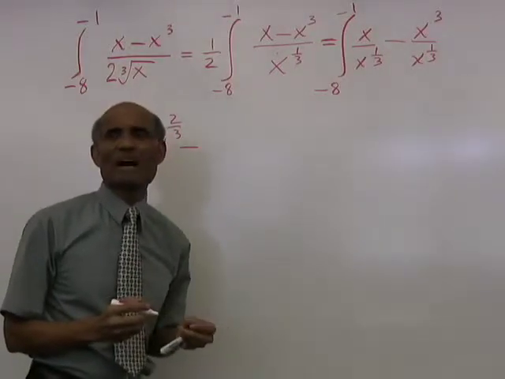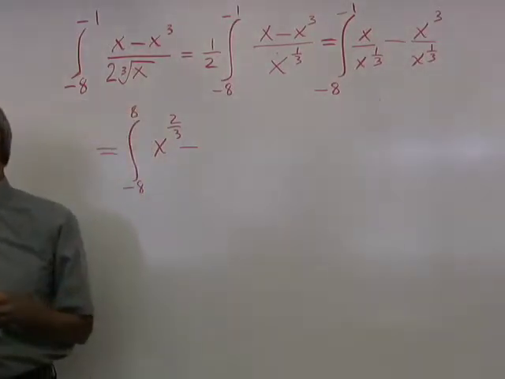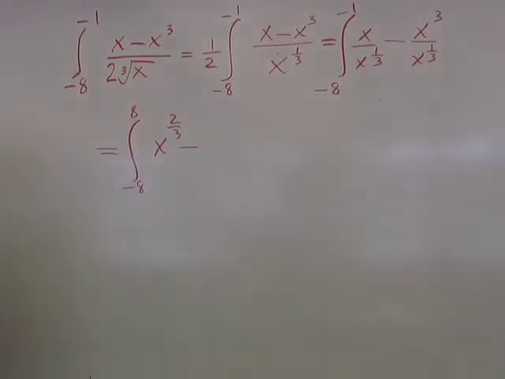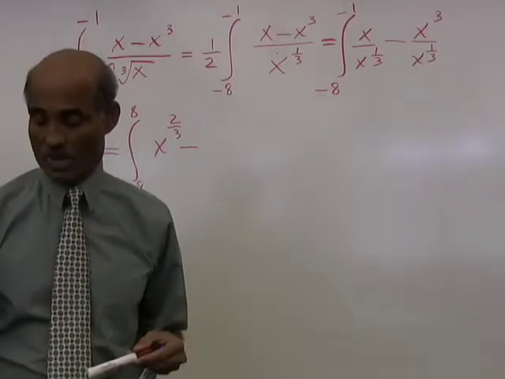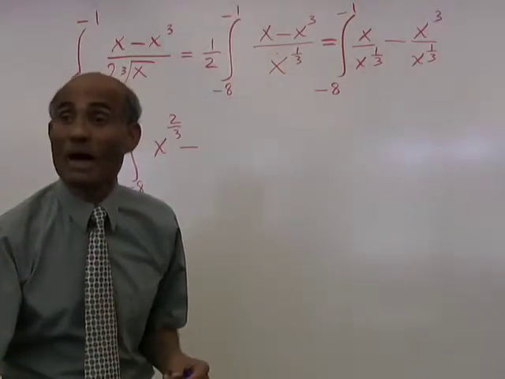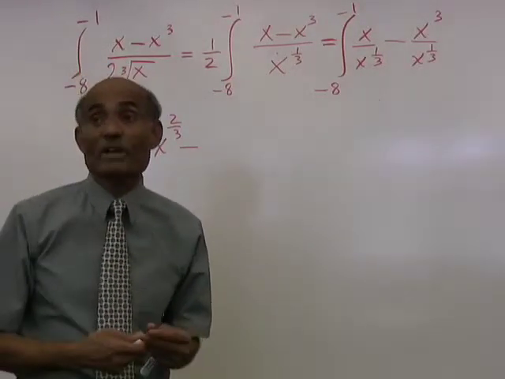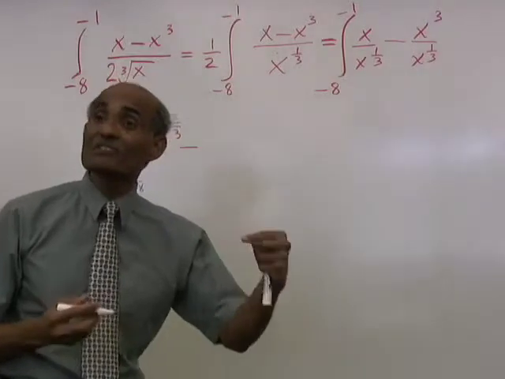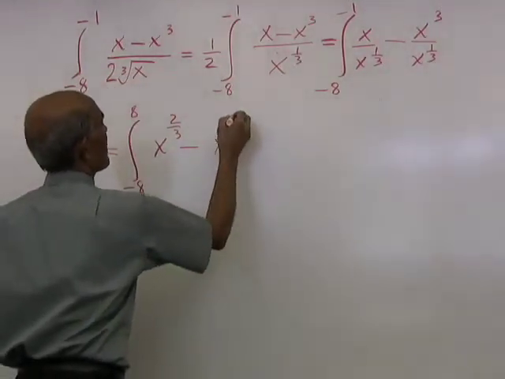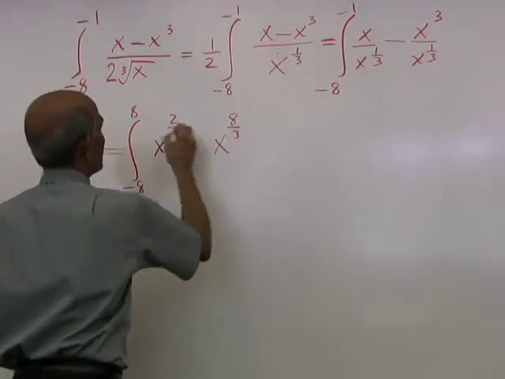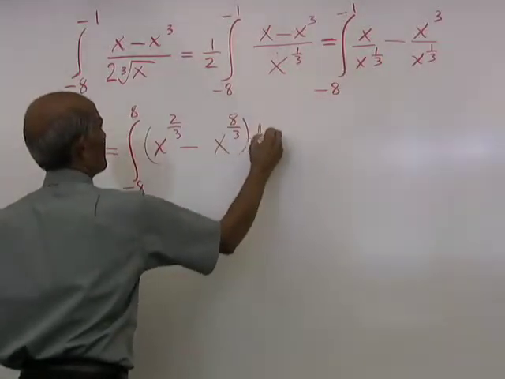X cubed divided by x to the power of 1/3 will be x to the power of, all right, I'm going to give you a second. Think about it and tell me what it is. 3 minus 1/3 is 8/3. So that will be x to the power of 8/3 dx.